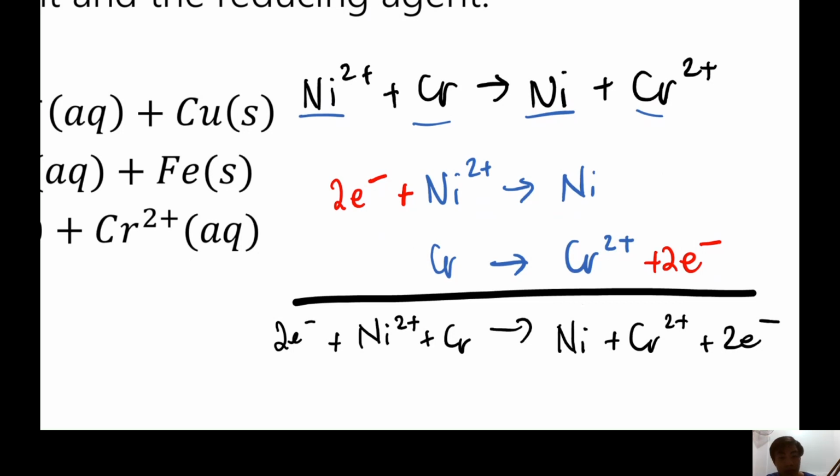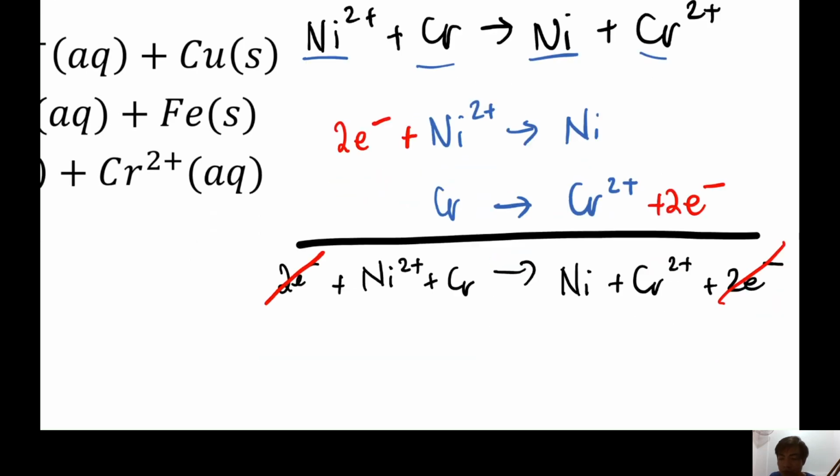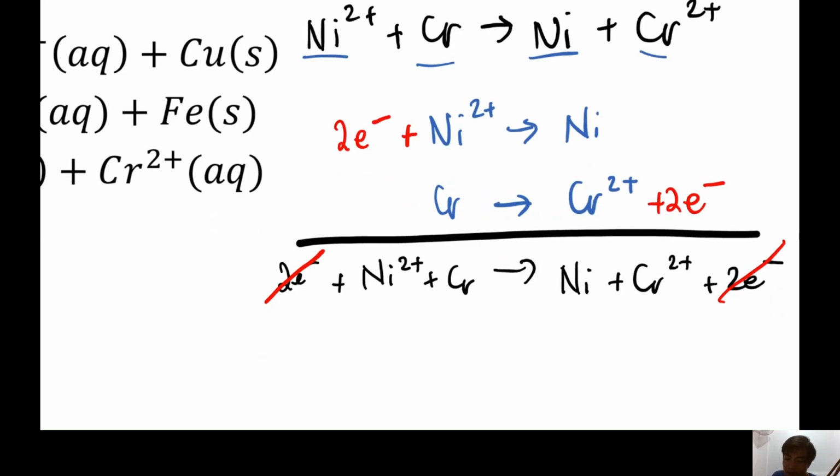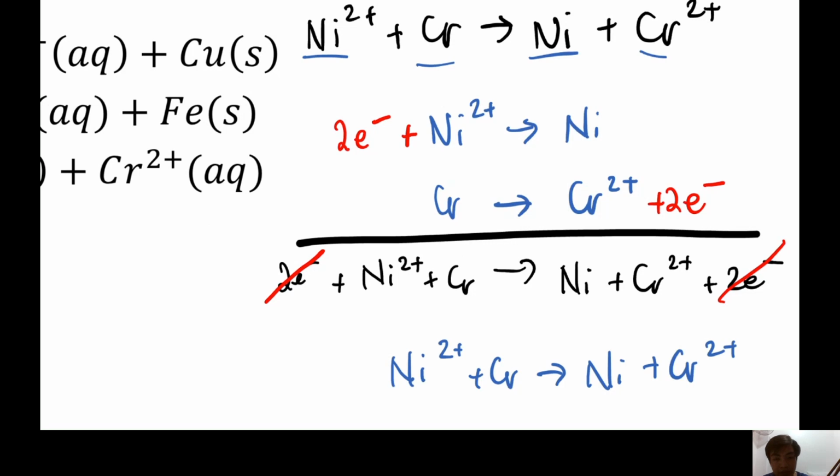We can cancel now the electrons. They are the same, no? Okay, so cancel lang. So, kailangan walang matirang electron. So, the final equation is this one. Okay, so yan yung final equation natin, no? Box natin.